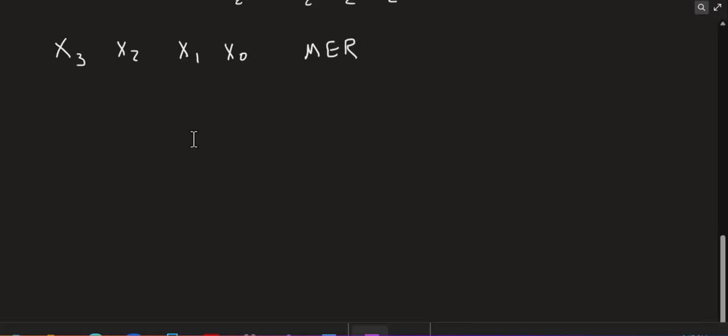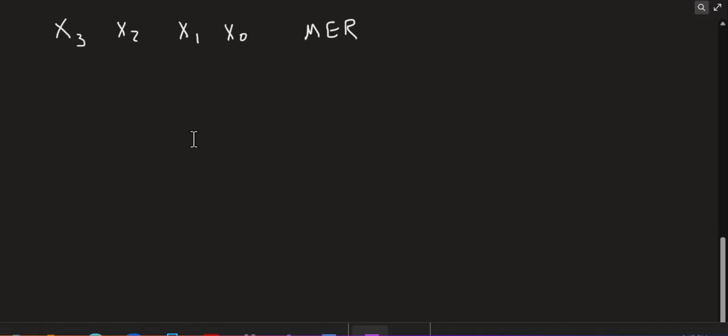So, if you just came in, what we were doing is we were going over what Mersenne numbers were. Mersenne numbers are numbers that are of the form a power of 2 minus 1. And when you look at them as binary numbers, they'll have leading zeros and then ones at the end.